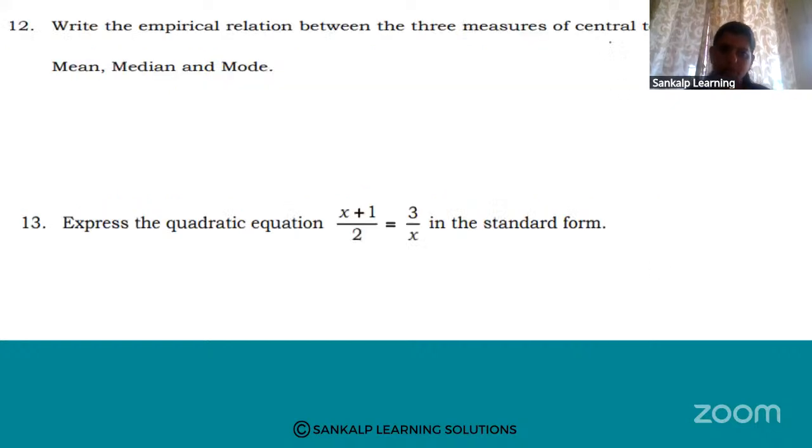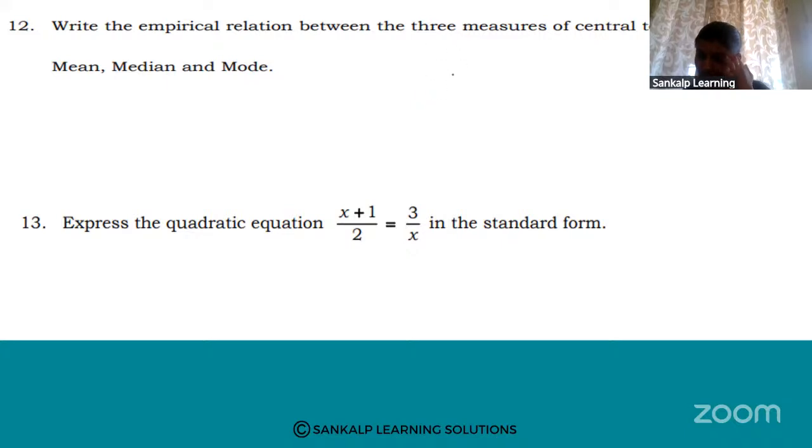Next one. Write the empirical relationship between the three measures of central tendency, mean, mode, median, right? So mean, mode, median are called measures of central tendency. We need to write the empirical relationship between three measures of central tendency.